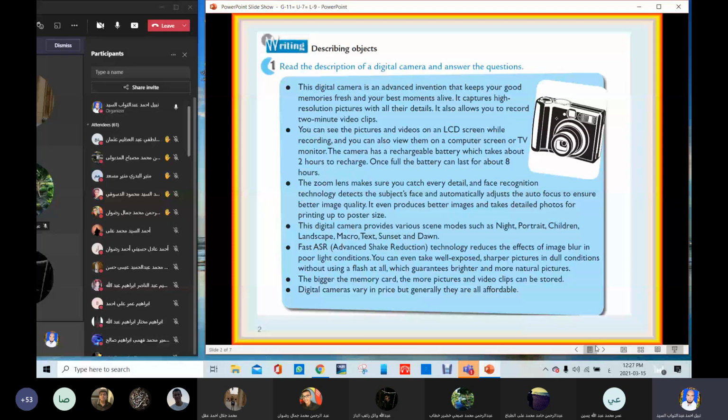As you see here, this description of the digital camera has bullet points so that the descriptions and the properties should be clear enough and easy to understand.